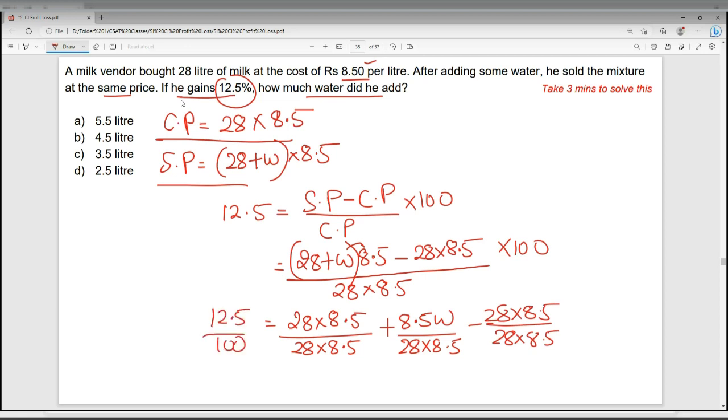Instead of writing this whole thing, you can just write it here itself, I mean, SP by CP minus 1 into 100, and then substitute it here itself. Like you remove one's cost price, so this thing and this thing get cancelled, and we have only these two.